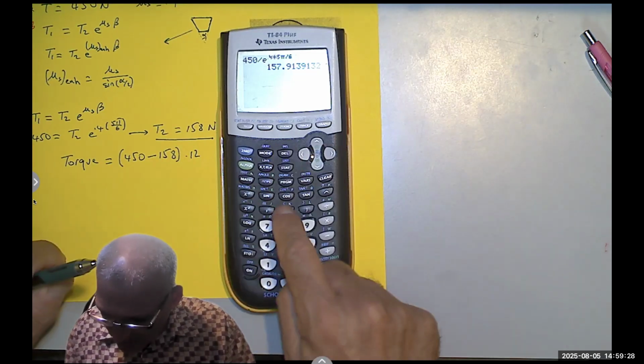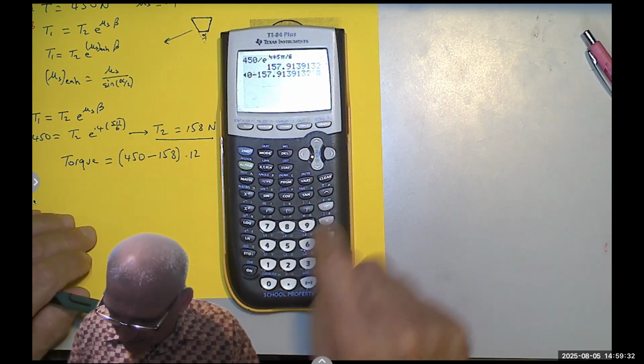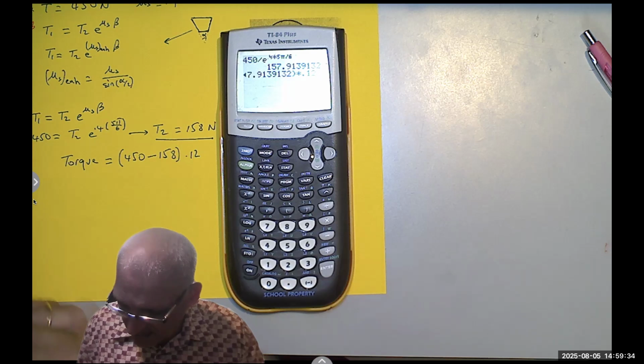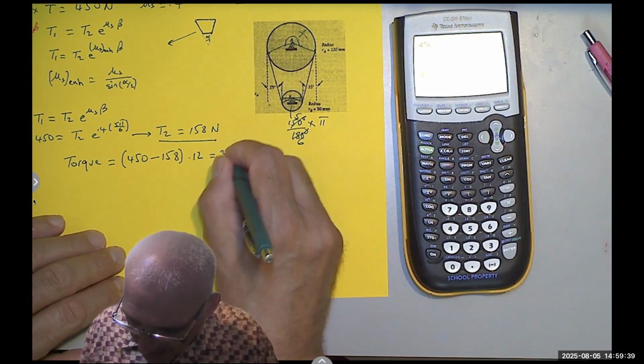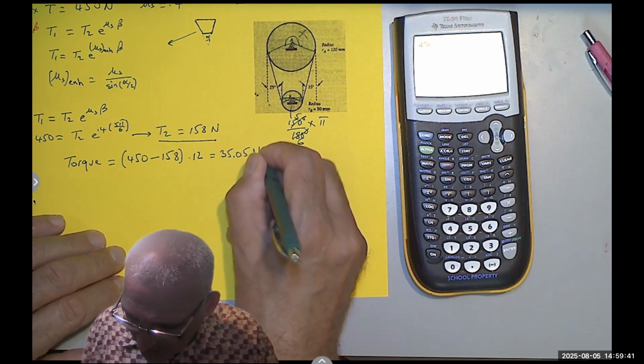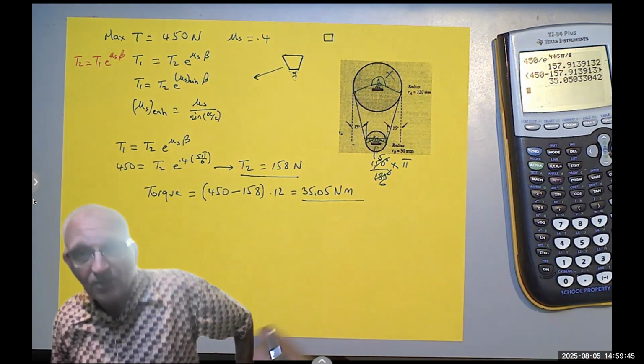So we'll do 450 minus 158 times 0.12, and you get 35.05 Newton meter. Okay, so that's how we solve a problem like that.